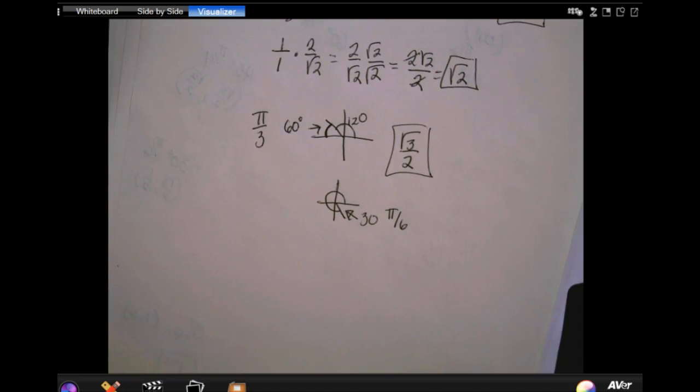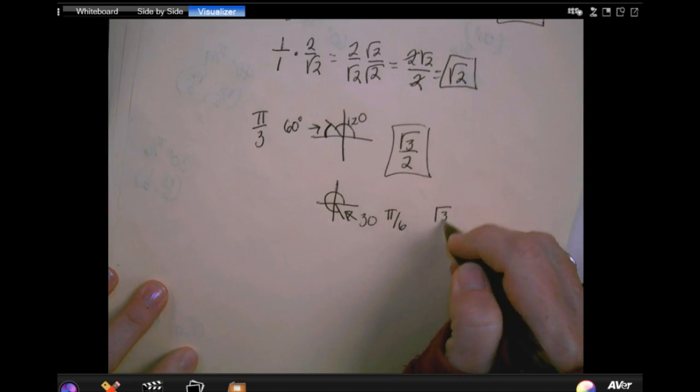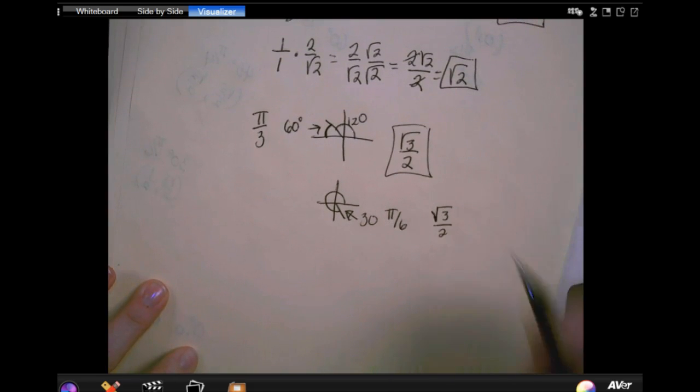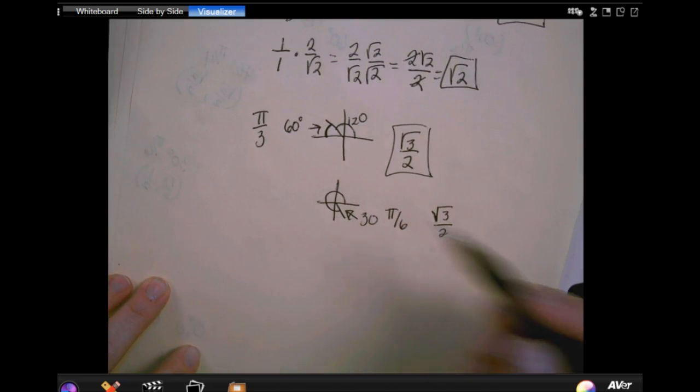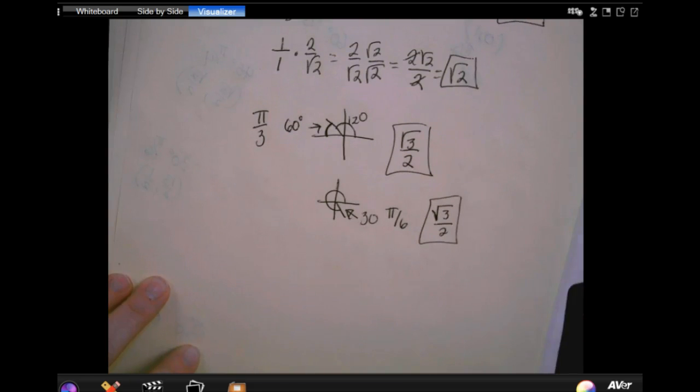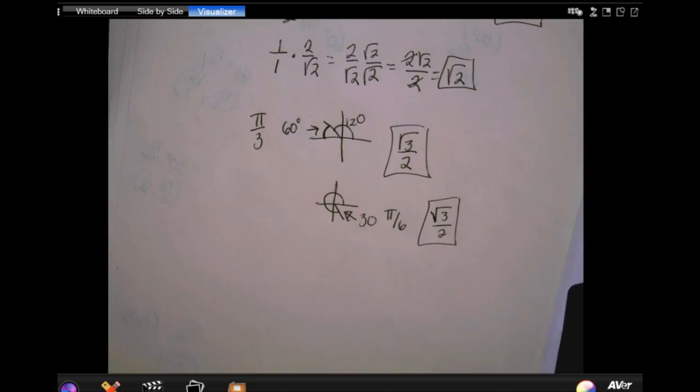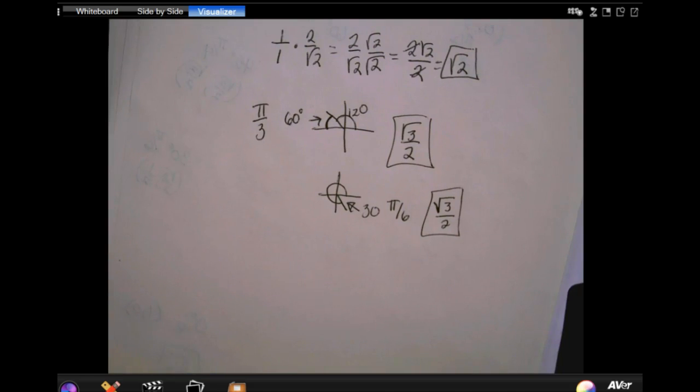That's at the top, so this gives me the square root of 3 over 2. Next, is the x positive or negative in the fourth quadrant? Positive, so the answer is the square root of 3 over 2. Reference angle, value, positive or negative. That was number 23.